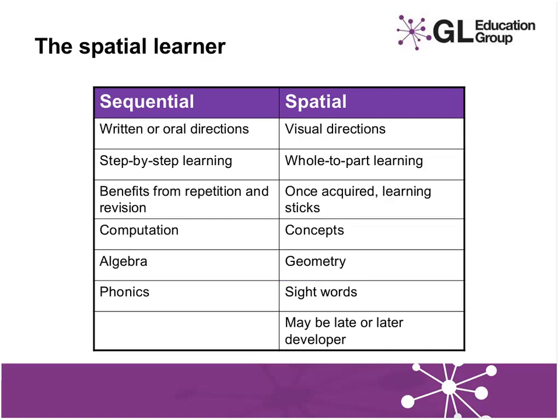But for a learner who has a spatial bias, what would suit them better in their teaching and learning is visual directions, teaching through concepts, sight words, and just understanding that that pupil may be a later developer. It's not that their ability is lower, it's just different. They have a spatial learning bias.